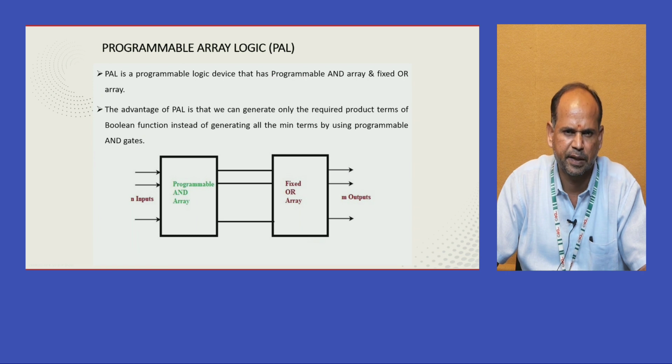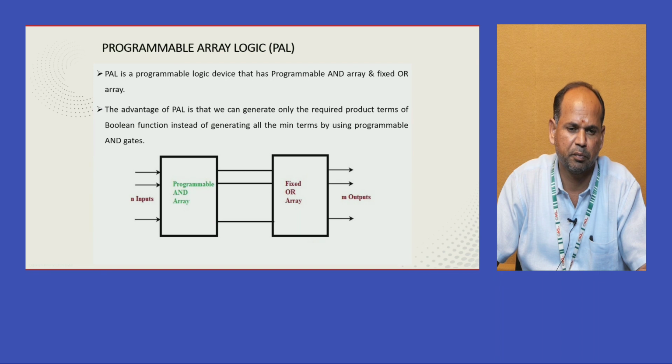But if you want to design the programmable array logic device or the IC, every one of you consider the array of logic gates. The array of the AND gates is programmable, and the OR gates are fixed.